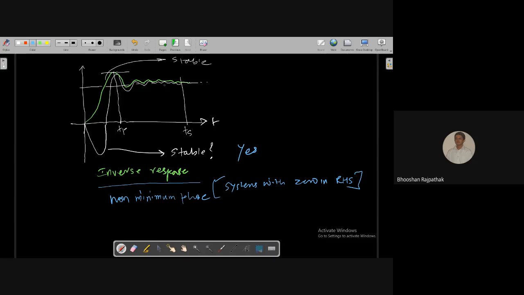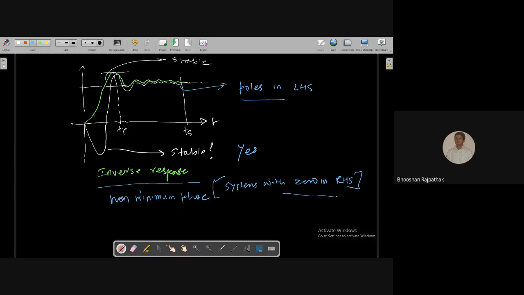Okay, this stability is achieved only because of poles in LHS. So system can have zero in RHS, but if its poles are in LHS, then ultimately it will settle because this settling is the property of poles, not zeros. But from where the initial response will start, that will be determined by zeros.